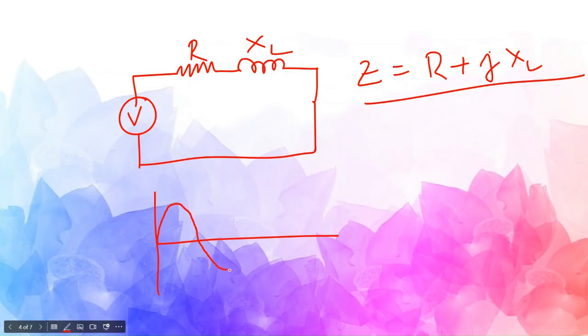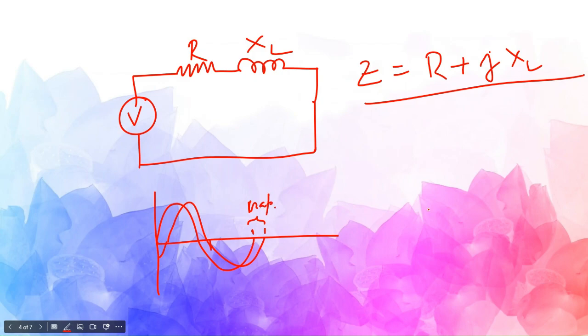Let's say this is the voltage waveform, then the current waveform will start somewhere delayed, something like this. So you can see there is a gap, right? There is a gap, so there is a delay, right?